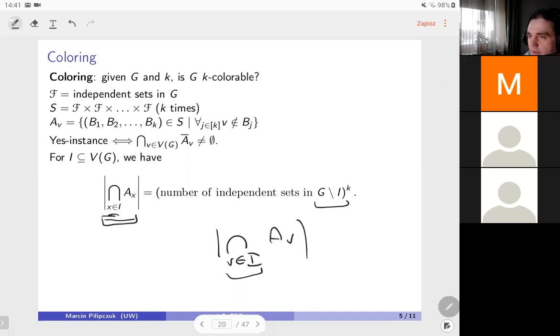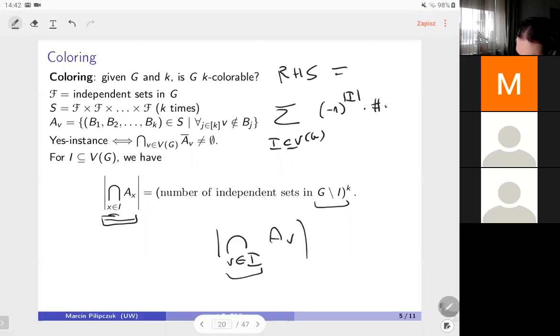So what we wrote here is that the right-hand side of the inclusion-exclusion formula is really the sum over I within the vertex set of G, of the minus one sign times the number of independent sets of G minus I, to the power K. The right-hand side really says we sum over all subsets, and count how many independent sets there are in the subgraph.